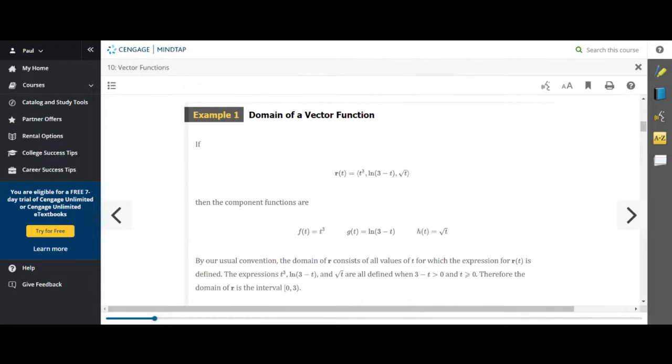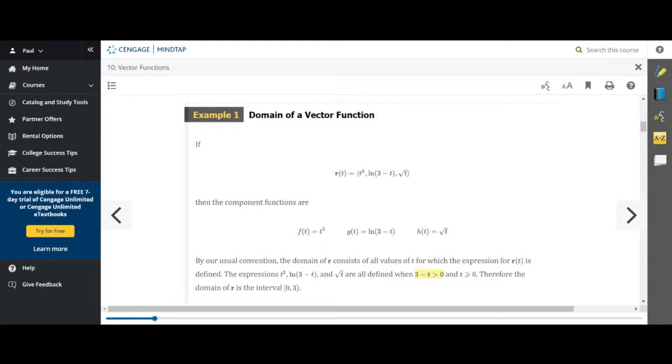You have restrictions there by the component functions g and h. So the log of the argument, 3 minus t, has to be greater than 0. If 3 minus t is greater than 0, that means t is less than 3.